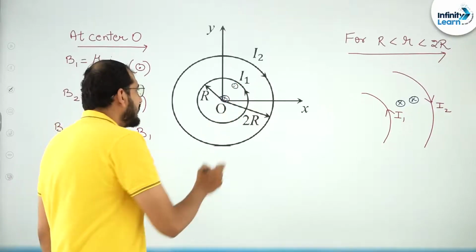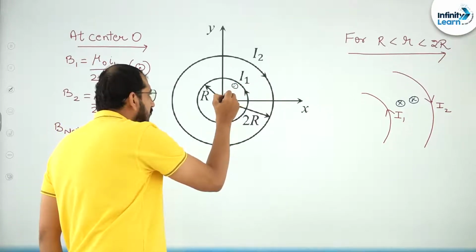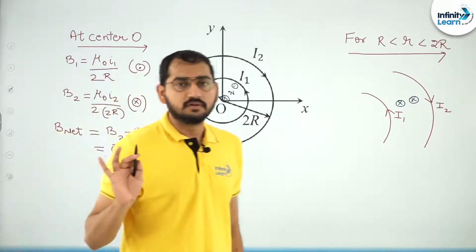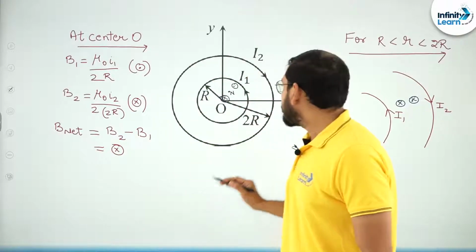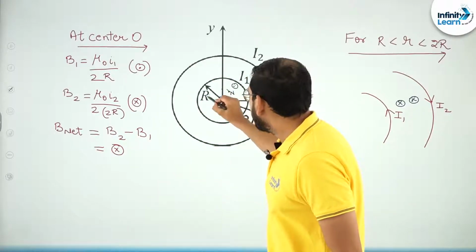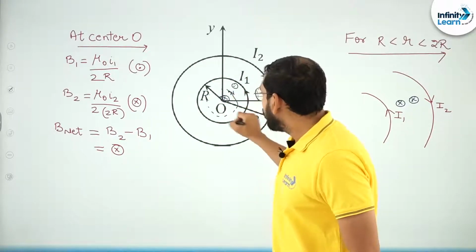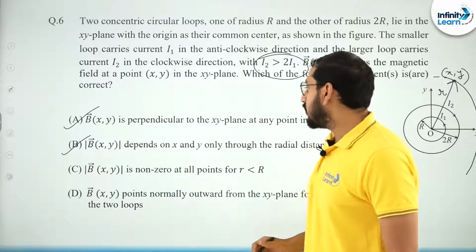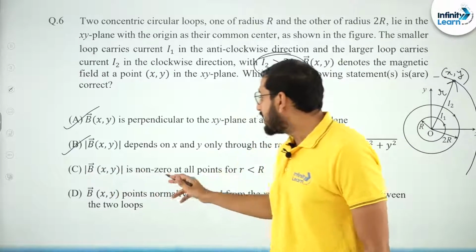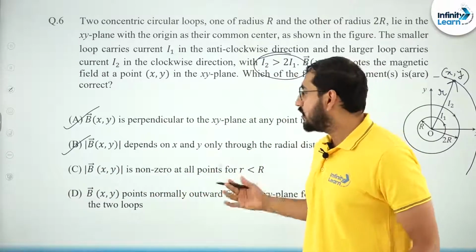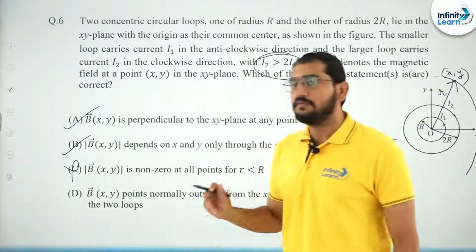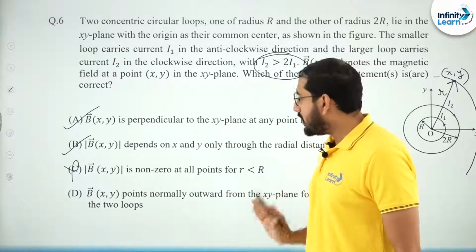Then definitely between these two points there must exist one neutral point where the magnetic field has to be 0. So clearly there exists a particular locus, a collection of points where the magnetic field will become 0. So option C, which says that all the values are non-zero, is not correct. We will find a few points where the magnetic field will be 0.